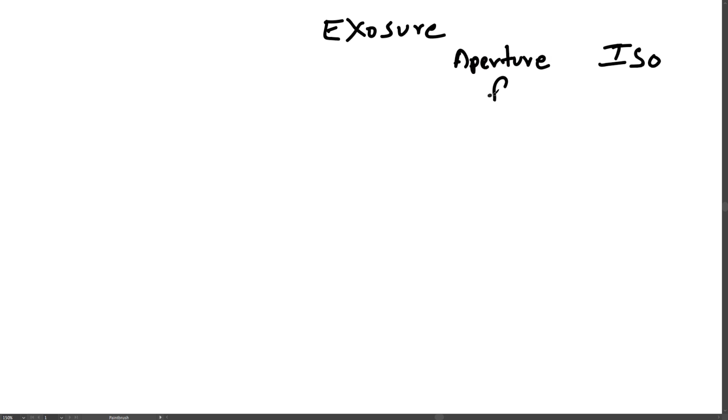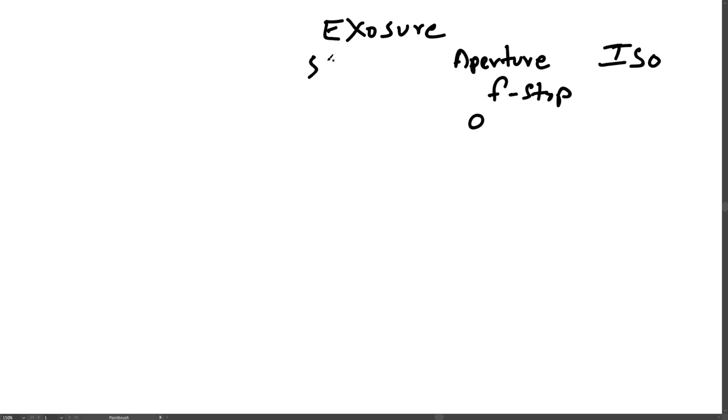In our last lecture, we talked about the four variables that control exposure. Exposure is the amount of light that's let into the camera and sensed by the camera detector. Those four variables we said were the ISO, which is the sensitivity of the camera sensor, the aperture, or what we refer to as the f-stop, which is the size of the hole that allows light into the camera.